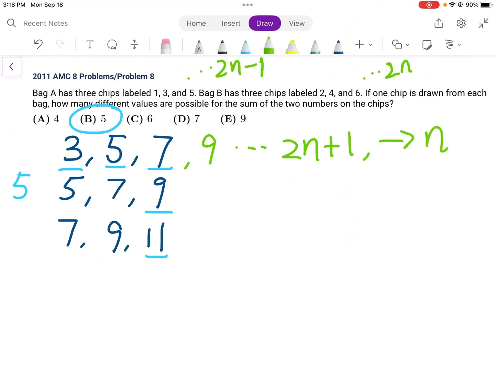And in the second row, we choose the chip labeled 3 in the first bag, it adds to the different values in the second bag, we will get 5, 7, 9, 11 until 2n plus 3. Similarly, the third row will be like this.